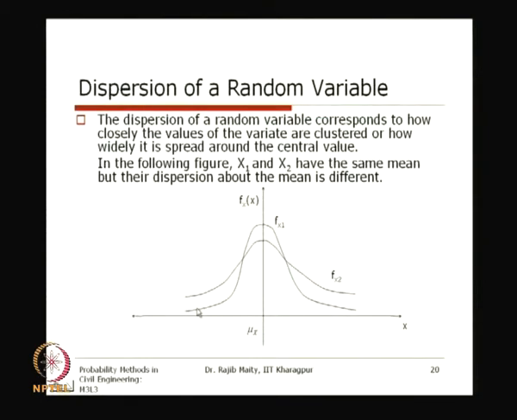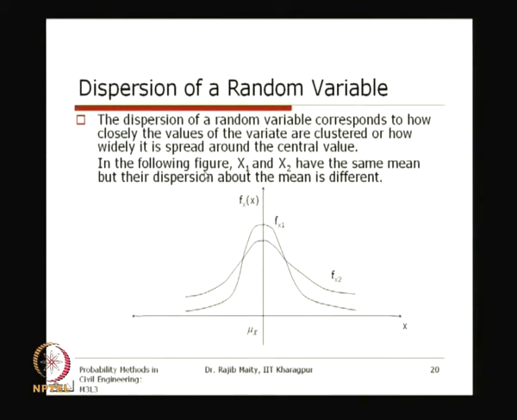Now the second descriptor of a random variable is the dispersion. Dispersion means the spread about the mean: once I identify where it is tending towards the center, I want to know how it is distributed about that mean. The dispersion of a random variable corresponds to how closely the values of the variate are clustered, or how widely they are spread around the central value.